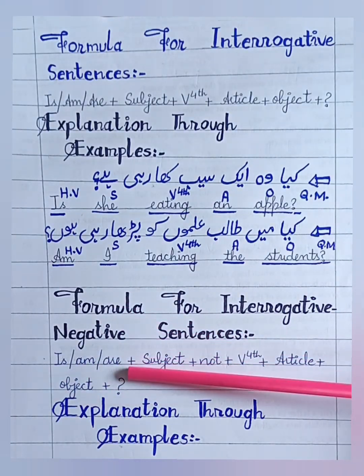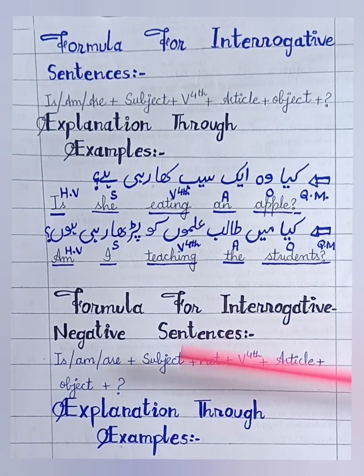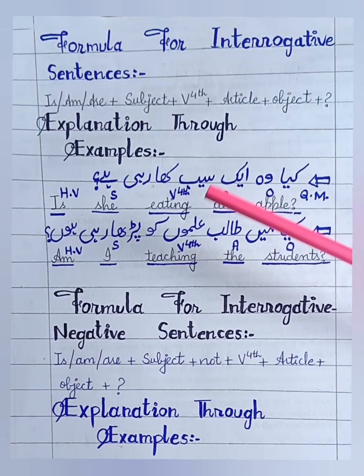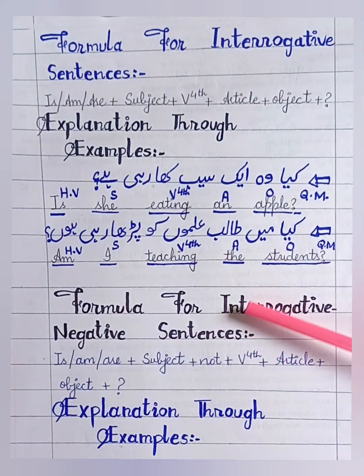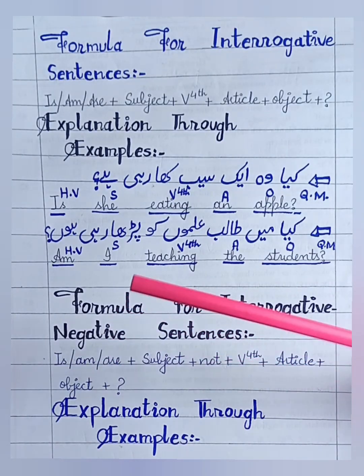Is, am, are are the helping verbs over here. Then we will use the subject, then we will use not, then we will use the fourth form of verb, then we will use the article, and then we will use the object, and at the end of the sentence we will put a question mark over here. As I told you before, interrogative negative means we will ask the question as well as this one sentence will show negation as well.